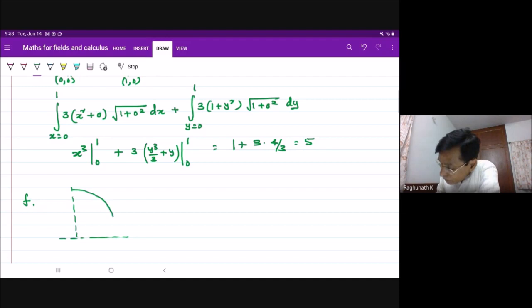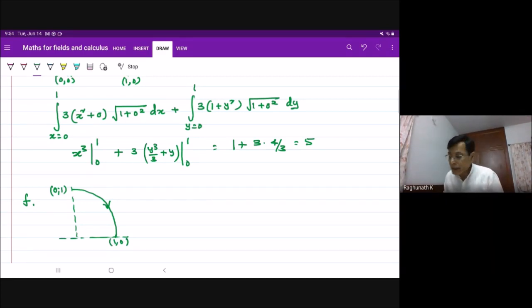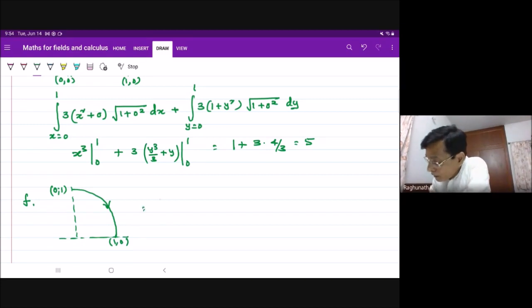I will just follow the rule, clockwise from 0, 1 to 1, 0. X is equal to 0 to 1. Correct? Integral x is equal to 0 starting for the curve to 1. X limits are 0 to 1.